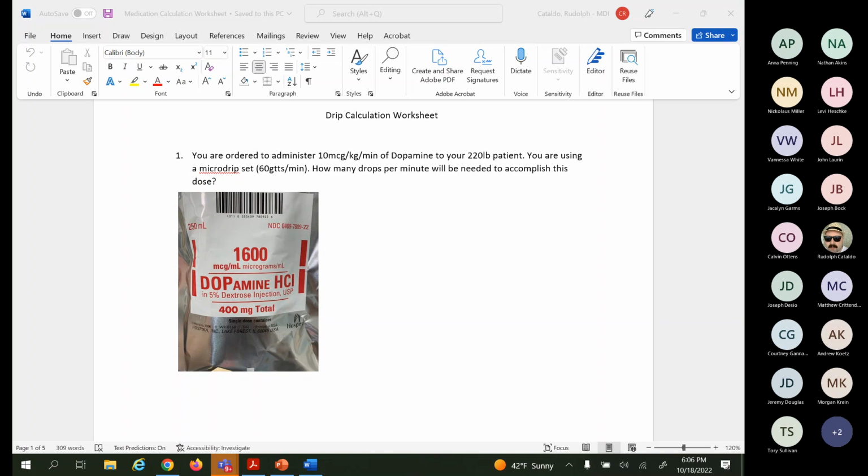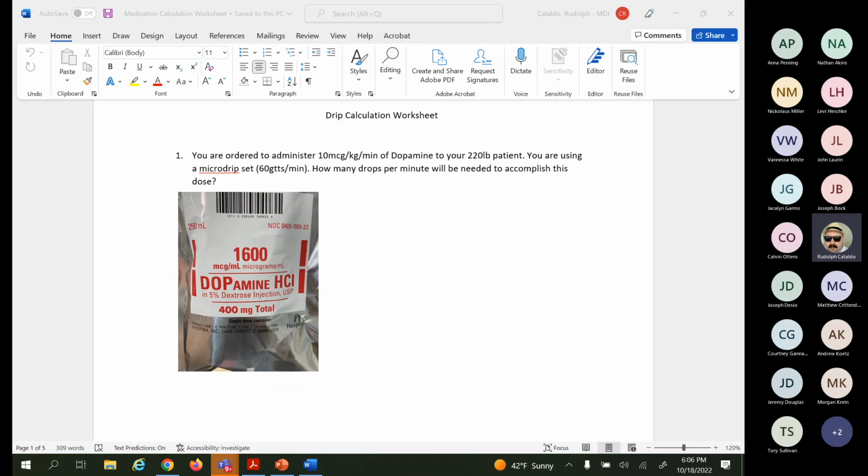Divide by 2.2. Okay, so let's do 220 divided by 2.2. And I'll be honest, I have to use a calculator for this.